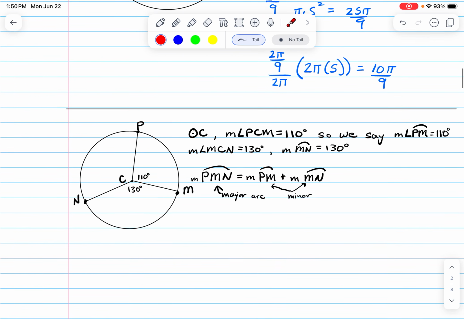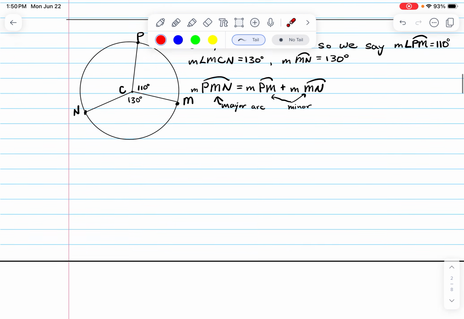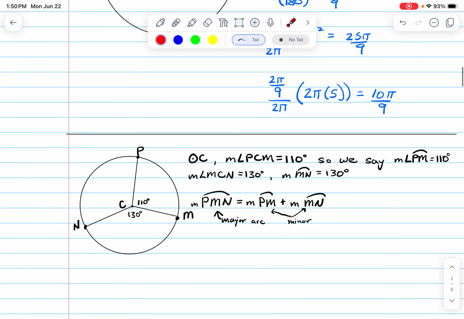Okay, now, I want to talk about some terminology here and just point out some things. When we're dealing with a circle, we looked at arc lengths and we looked at areas of circular sectors. Usually in geometry, when we're talking about a circle, we name a circle this way.